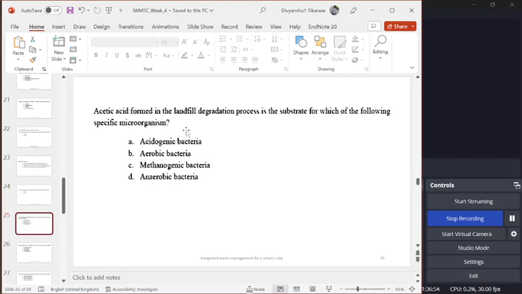The next question is, acetic acid formed in the landfill degradation process is the substrate for which of the following specific microorganisms?